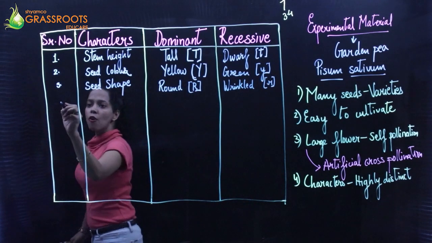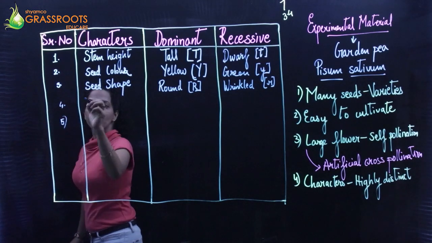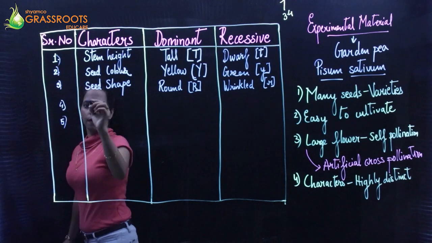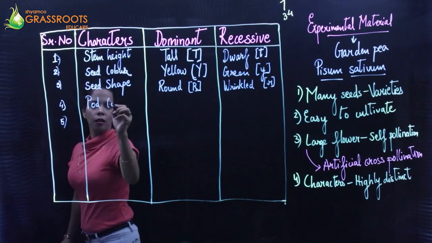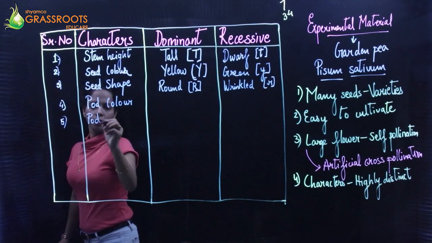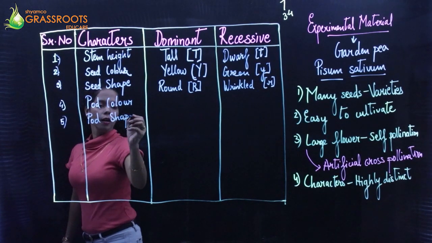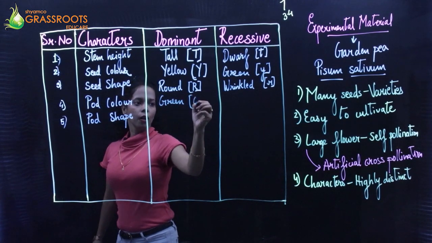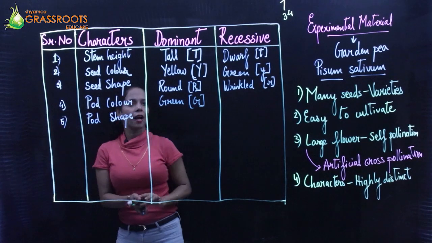Fine. Next, fourth and fifth: pod color and pod shape. So, what is pod color? Green is dominant in case of pod color. Don't get mistaken or confused.